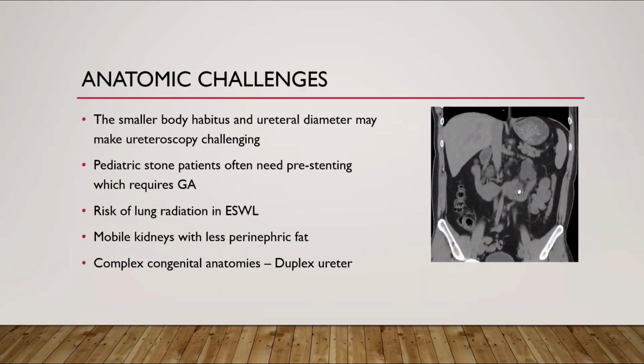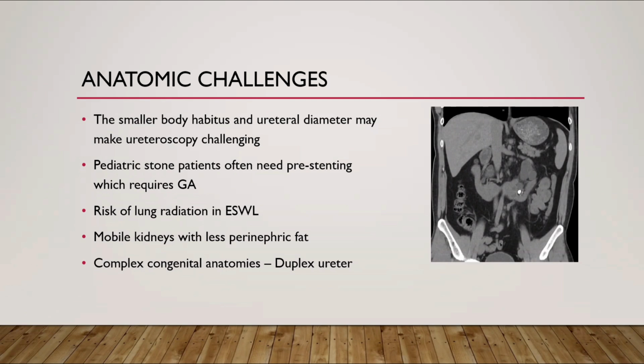Then there are several anatomic differences unique to children that should also be taken into consideration when evaluating for surgery. First, the smaller body habitus and urethral diameter may make ureteroscopy challenging in these patients. Most of these patients require pre-stenting, which requires general anesthesia, which has its own implications in this age group.